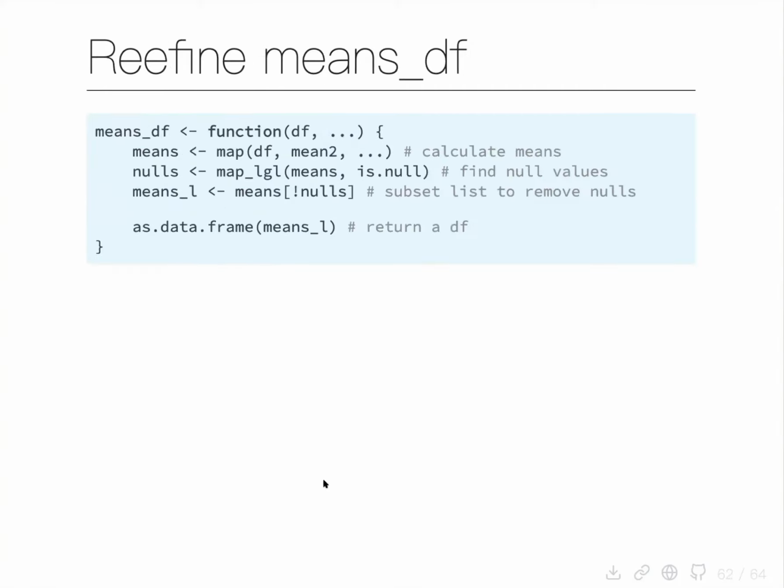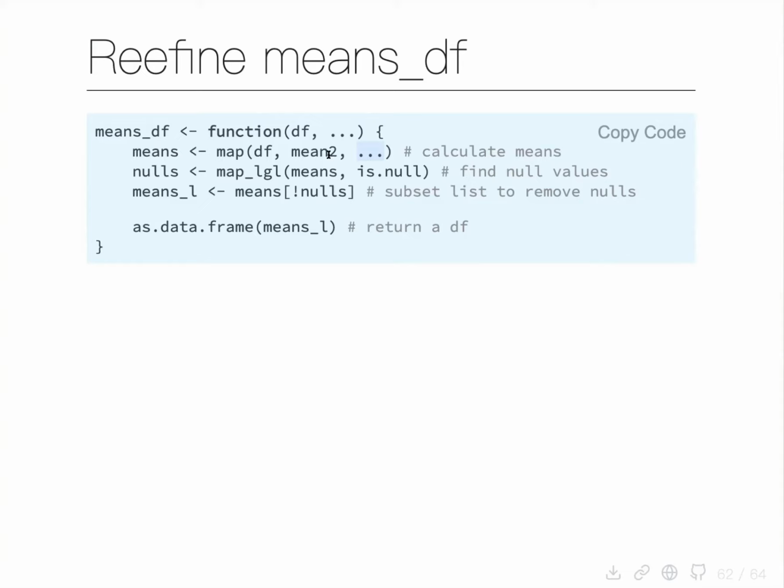Okay? So now, when I rewrite my means_df function, I pass the dots again. I say df ... and then I'm going to pass those ... as additional arguments to mean2. If I were to write up the documentation for this function, I would say additional arguments to mean, and then I would link to the base mean function.